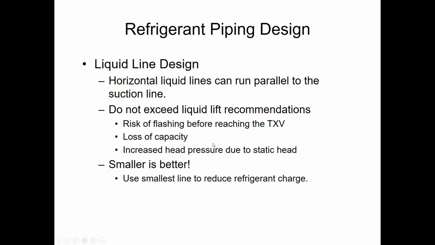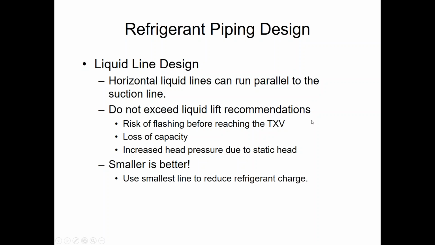So what you'll find in condensing unit manuals is liquid lift tables, and they will tell you how high you can go with the various tonnage, various model units. One model may say it's got a liquid lift capability of 56 feet, the next one may be 80 feet, and it just goes by tonnage.